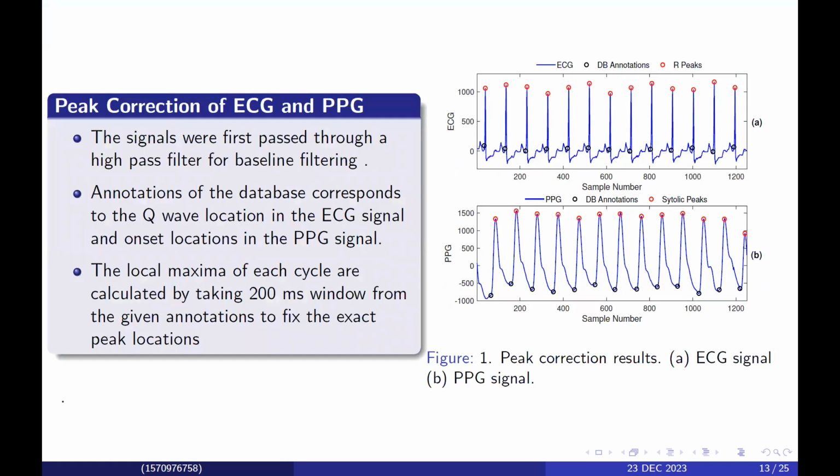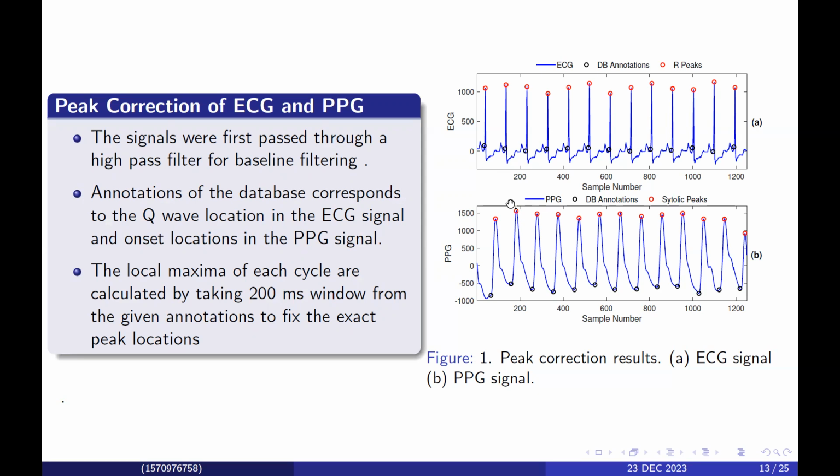Once we get the ECG and PPG signals, we first pass them through a high-pass filter for baseline filtering. Now, in the annotations given in the database, represented by these black circles, we can see that they are not exactly on the peak.